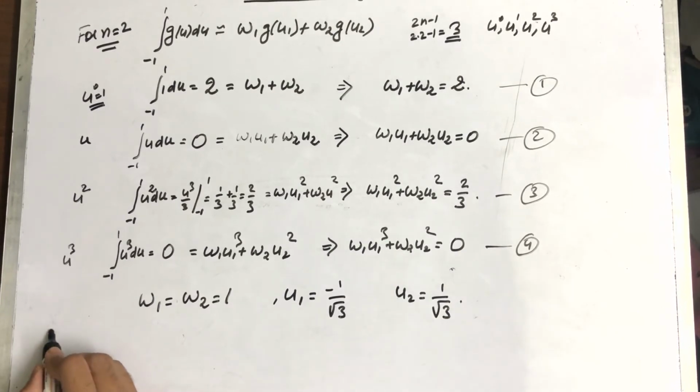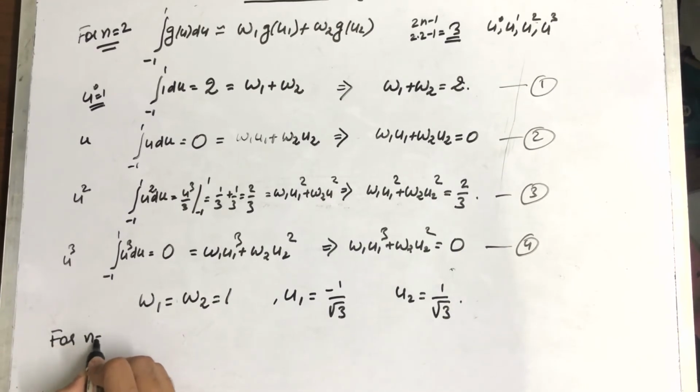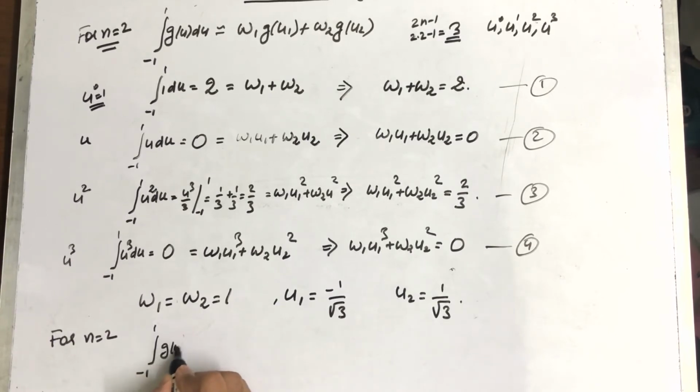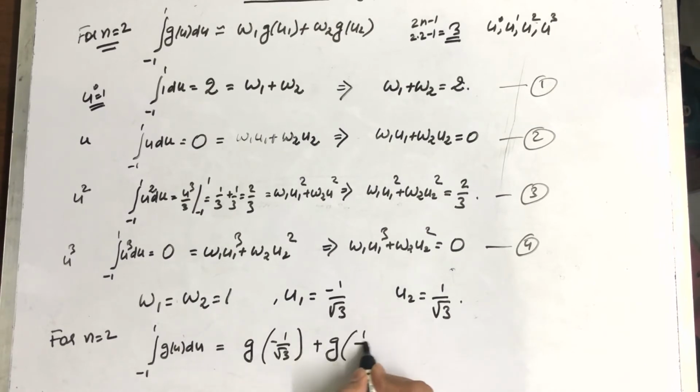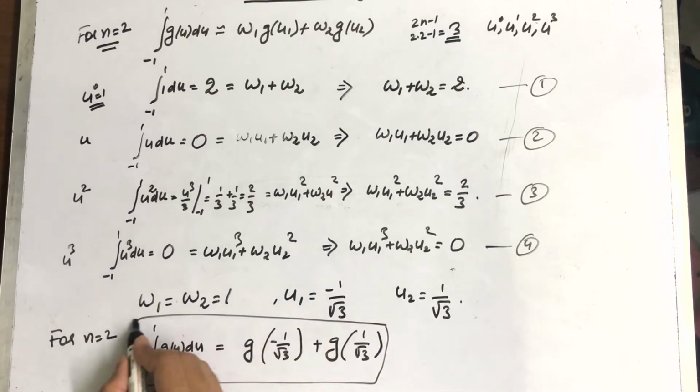So that means for n is equal to 2, this 2-point Gaussian integration formula is g of minus 1 by root 3 plus g of 1 by root 3. Answer.